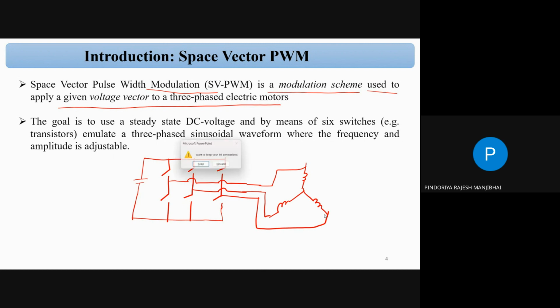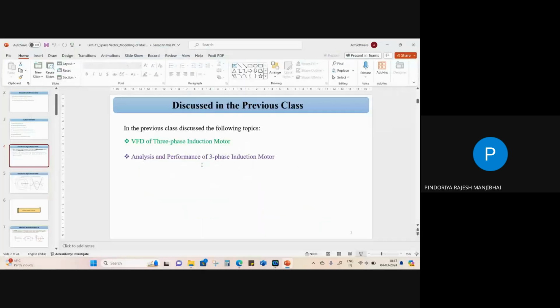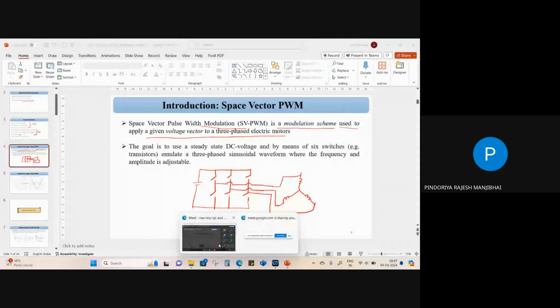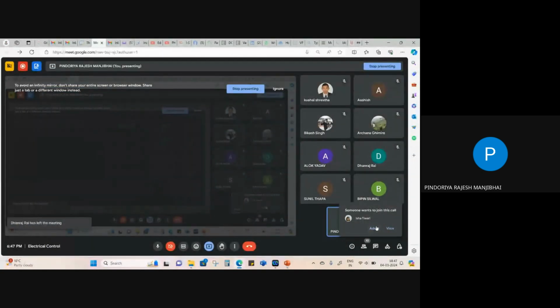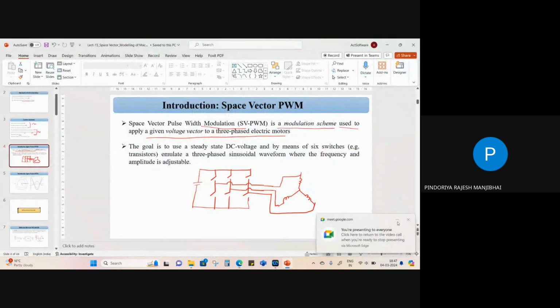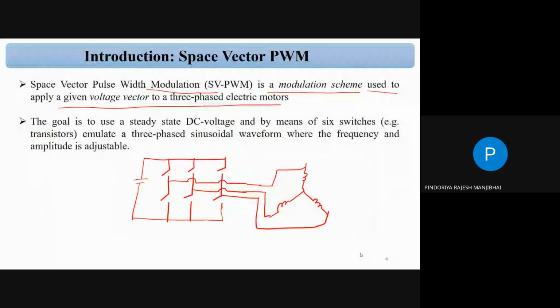Just one minute, somebody wants to join the class. So this is the motor, and this part is the inverter. The inverter has six switches: S1, S2, S3, S4, S5, and S6.